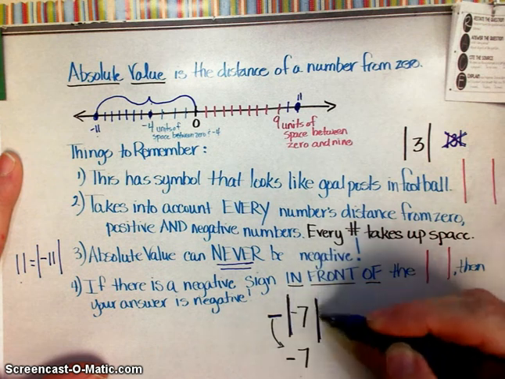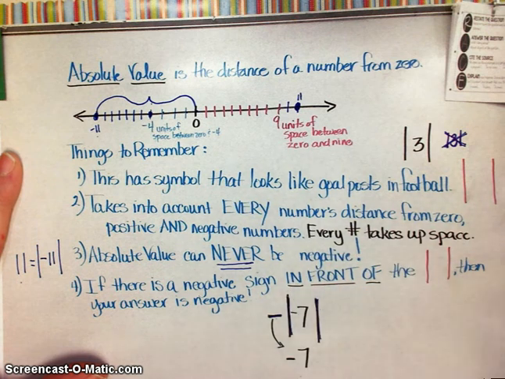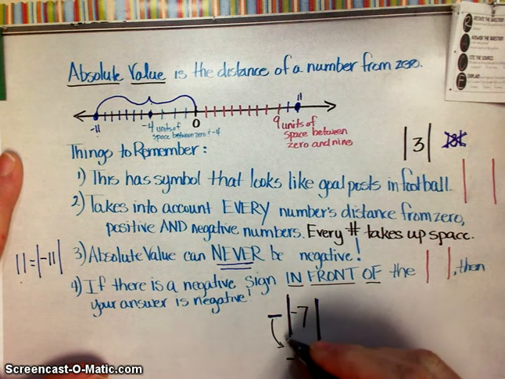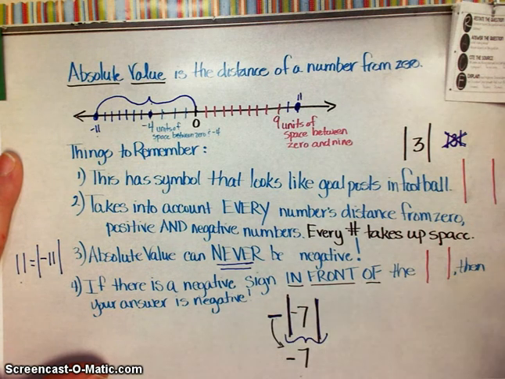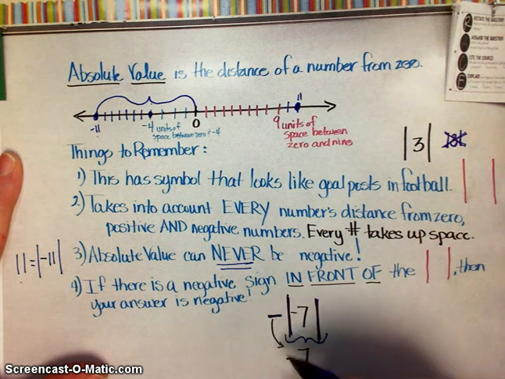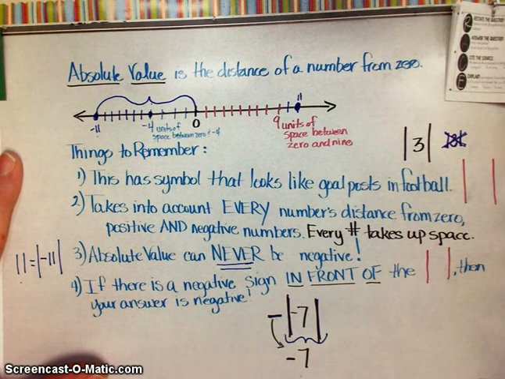So if this is our absolute value symbol and there is a negative sign in front of it, the first thing you have to do is solve for the absolute value of -7, which is 7, and then bring down that negative sign. That is the only way you can have a negative answer. Otherwise, you always default back to number 3. Absolute value is the distance of a number from 0, and it can never be negative.